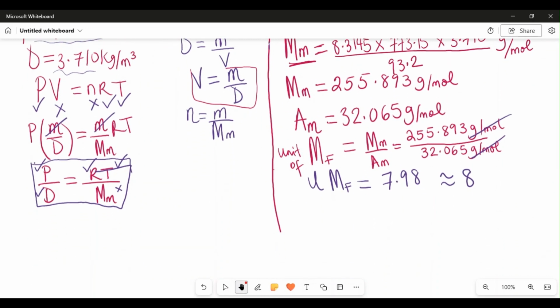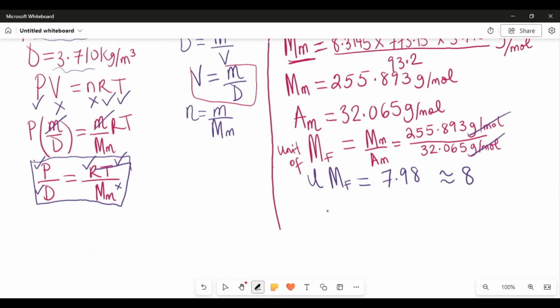So the sulfur molecule is just going to be S8. So basically, in this molecule of sulfur, there are 8 atoms of sulfur in this S8 molecule. So that is the molecular formula. The molecular formula is S8.